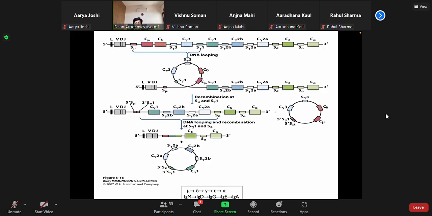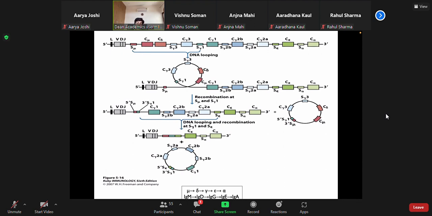Okay, so essentially, this is what it means. You have already rearranged your VDJ. And if you have to, for example, remove this mu, and start producing, let's say, gamma 1, you have the looping of this DNA, so this is removed, and then this VDJ comes in contact with G. You start making IgG type of antibodies.